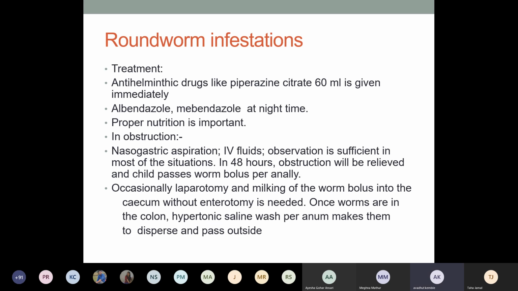Proper nutrition is important, and personal hygiene and drinking of pure water are a few of the preventive measures for this roundworm infestation.